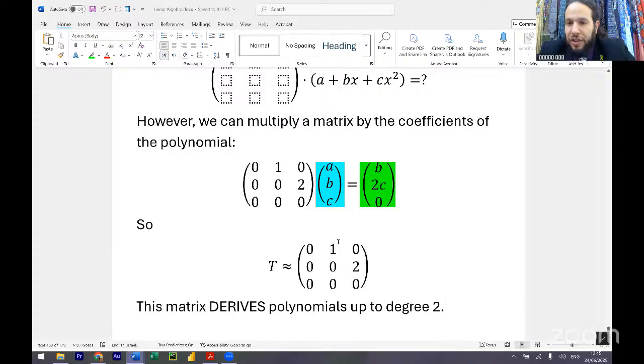And you could imagine that we can do it for every degree we wish. The next one would be 0, 0, 0, 3, and then 0, 0, 0, 4, and so forth. And there is a matrix that derives the polynomial.